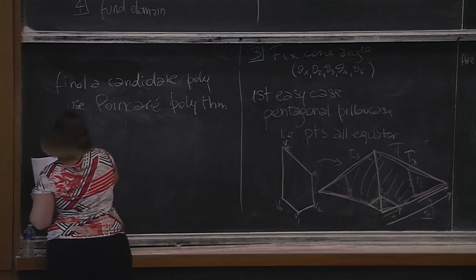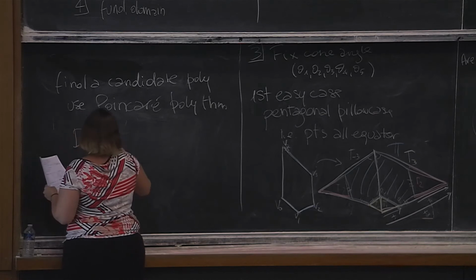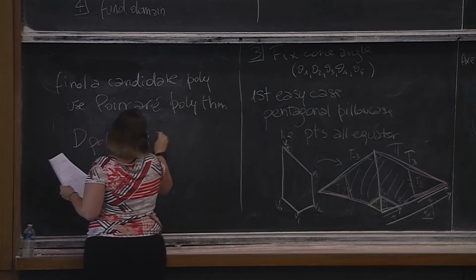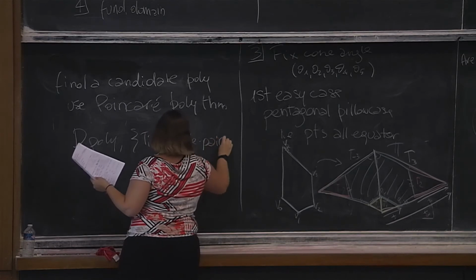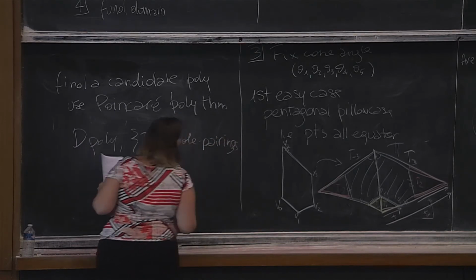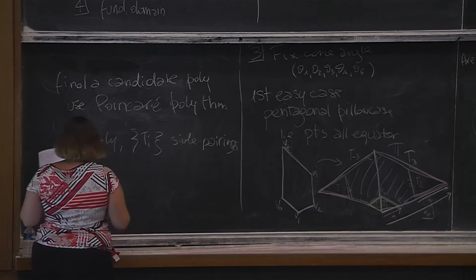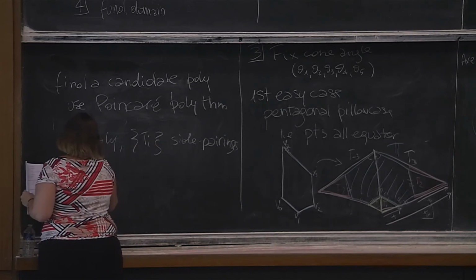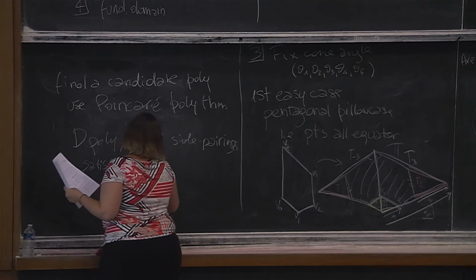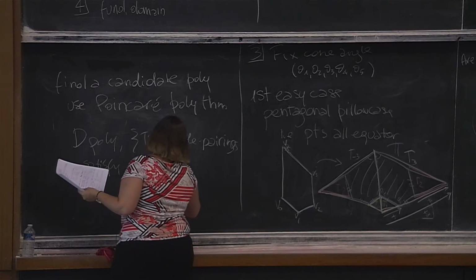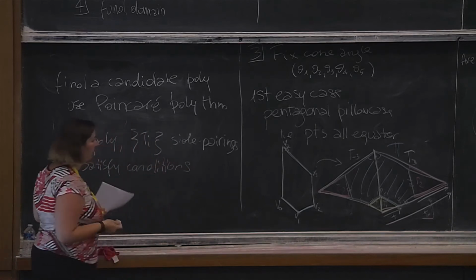that says that if I have a polyhedron and I have a set of maps called side pairings, because, well, they pair the sides, and if those satisfy certain conditions, which, I mean, they're very intuitive.